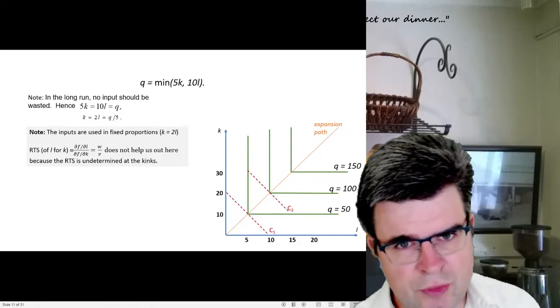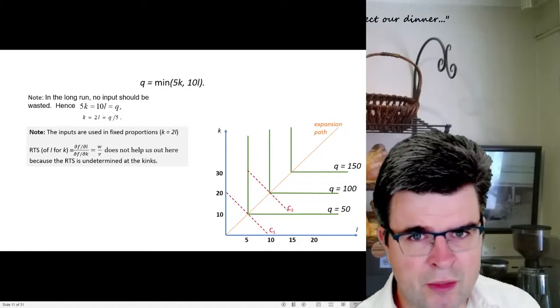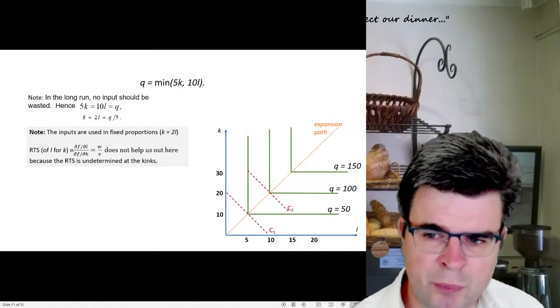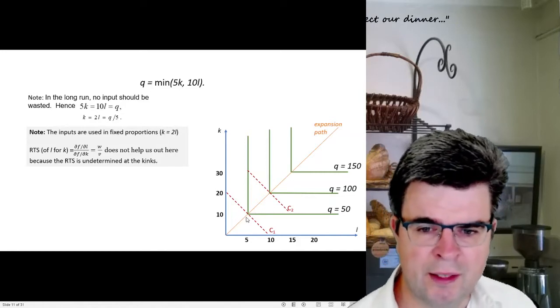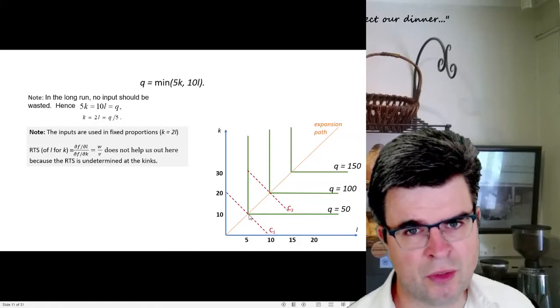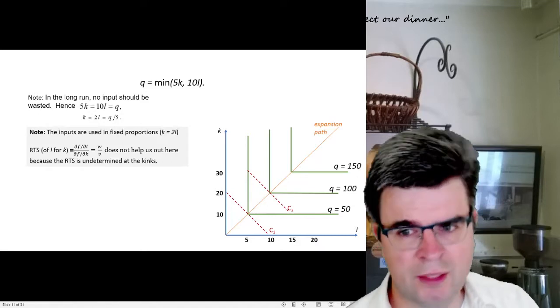So taking the derivatives of the production function and computing the rate of technical substitution really doesn't help us here, because we are at the kink and there is no such thing as a rate of technical substitution here. This derivative is undetermined at the kinks.